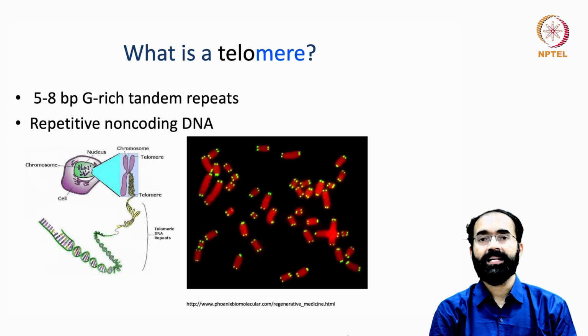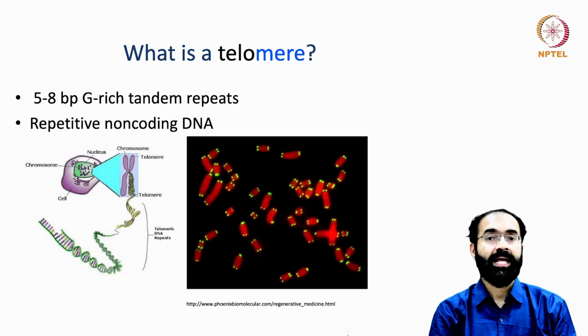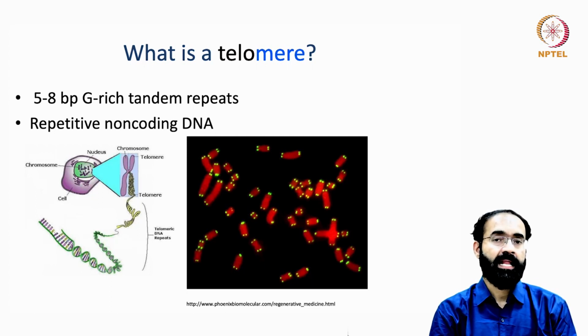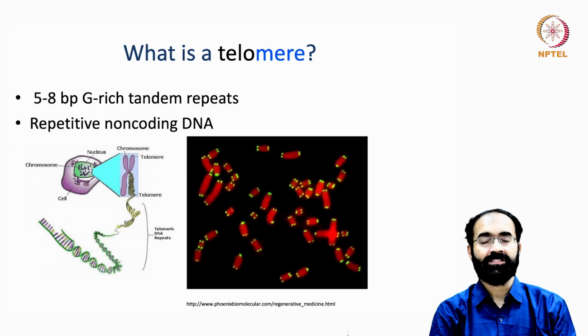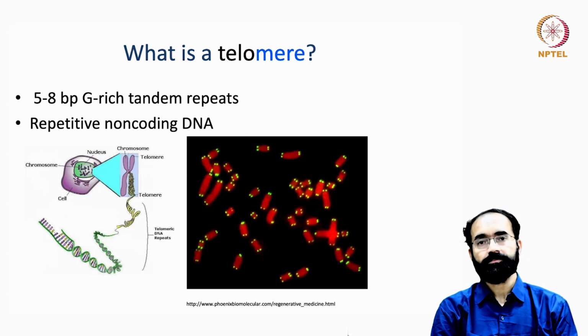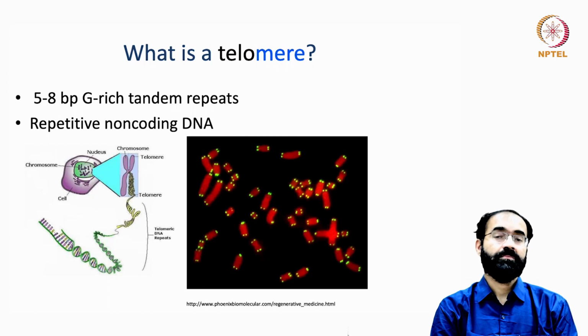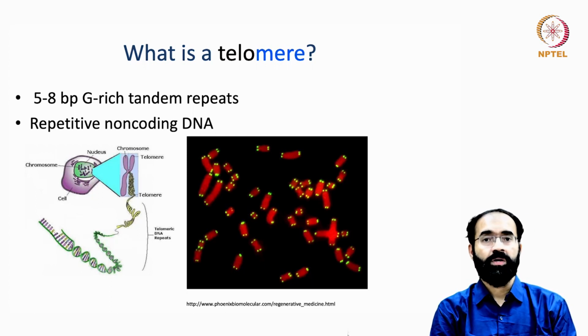Because of that, you have long stretches of telomere repeats. The end replication problem, or the reduction in length, occurs in the telomere, not in the actual gene or the actual genetic information present in the DNA. That is why at birth we have around 11 kb of telomere, but it becomes 4 kb in old age.